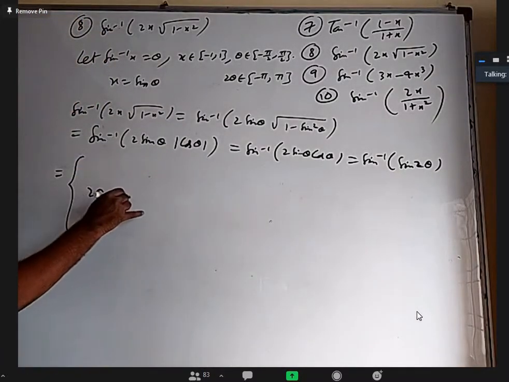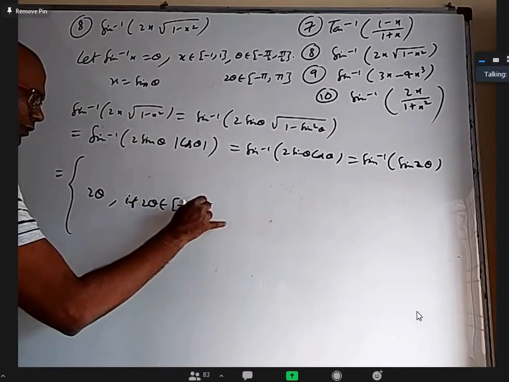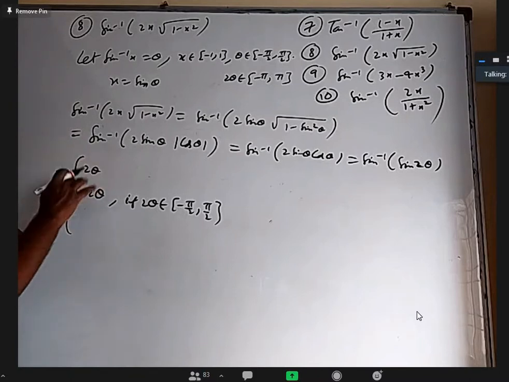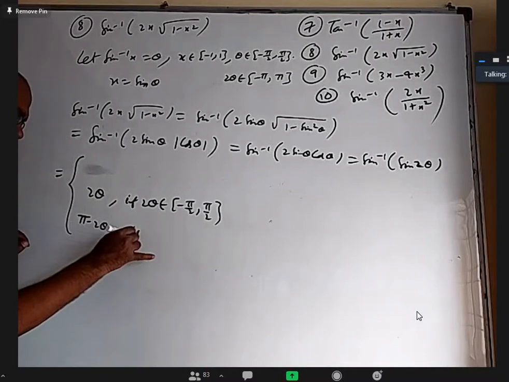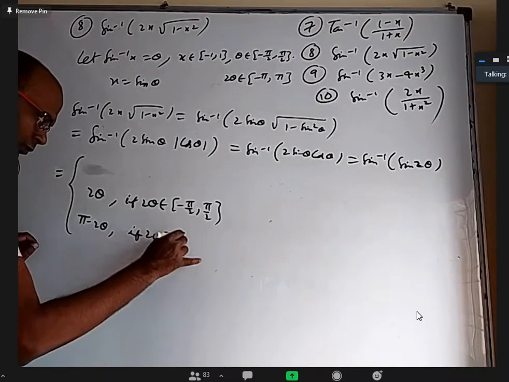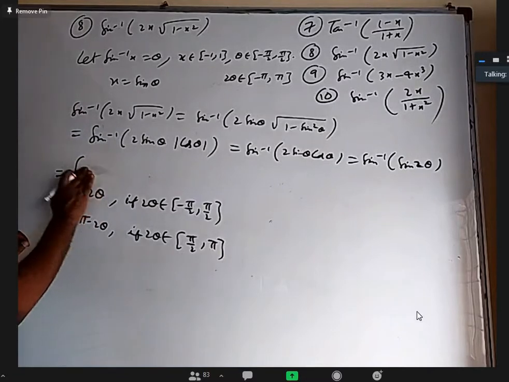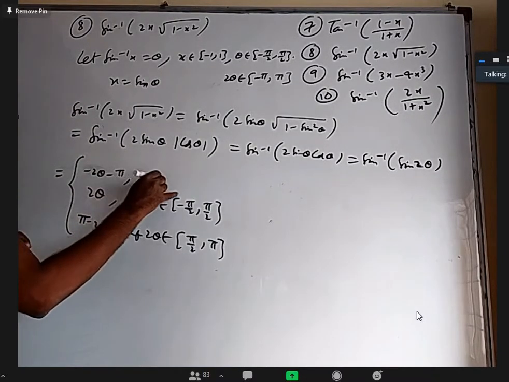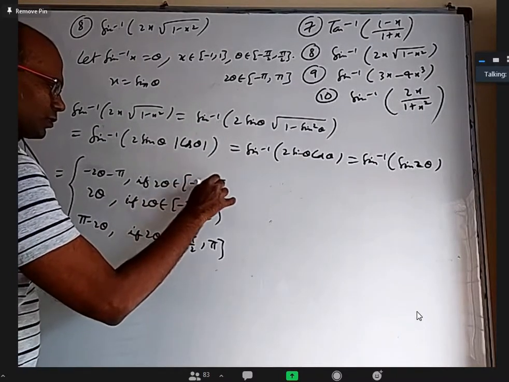It is 2 theta if 2 theta belongs to -π/2 to π/2, and it is π minus 2 theta if 2 theta is beyond π/2 to π, and here it is minus 2 theta minus π if 2 theta belongs to -π to -π/2.